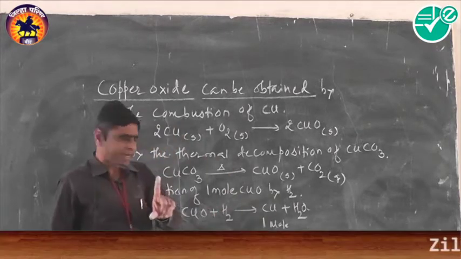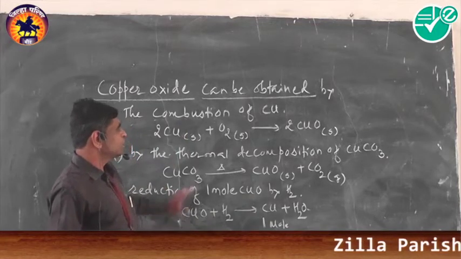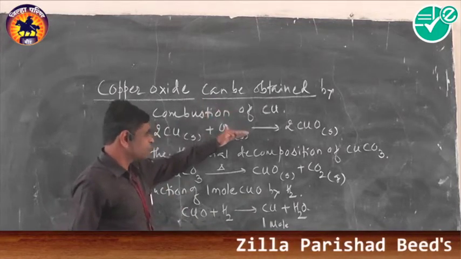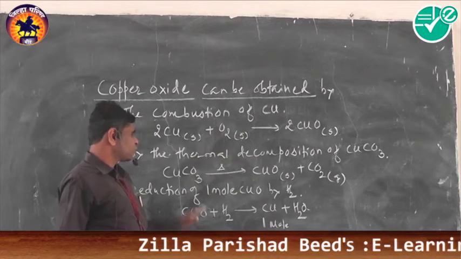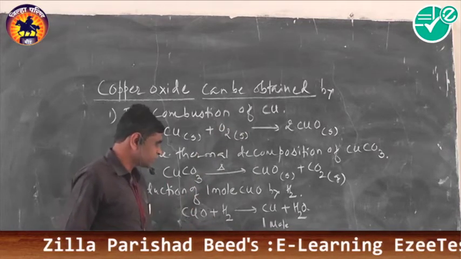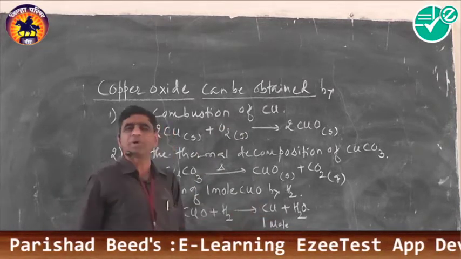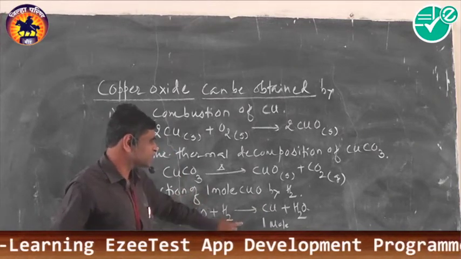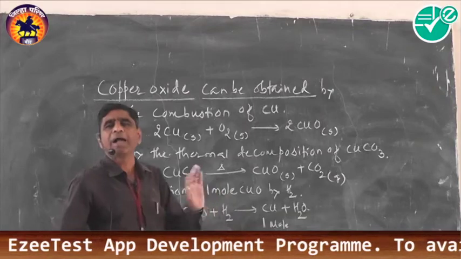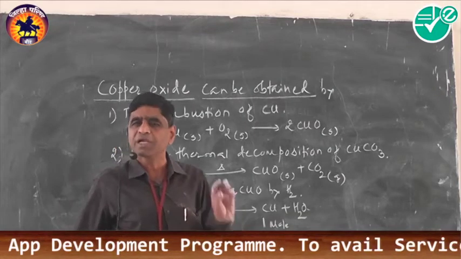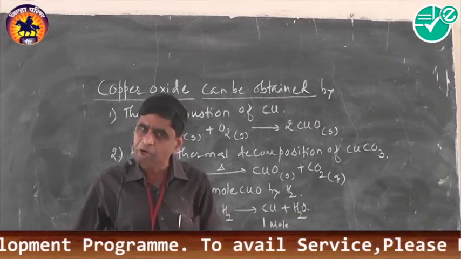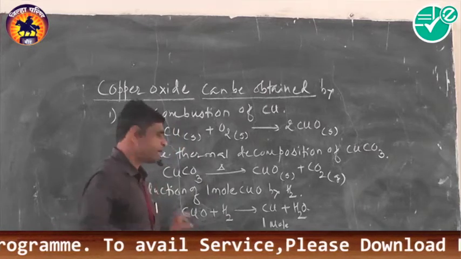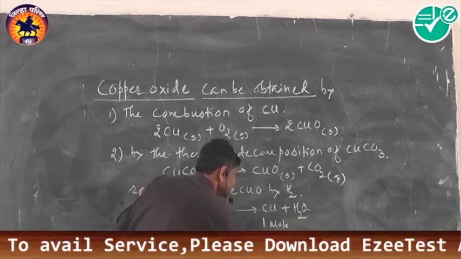It indicates that 1 mole copper oxide, prepared by the first method or the second method, when reduced by hydrogen gives 1 mole copper, so 1 mole copper oxide always consists of 1 mole copper. And remember, 1 mole copper means its gram atomic mass, that is 63.5 gram.